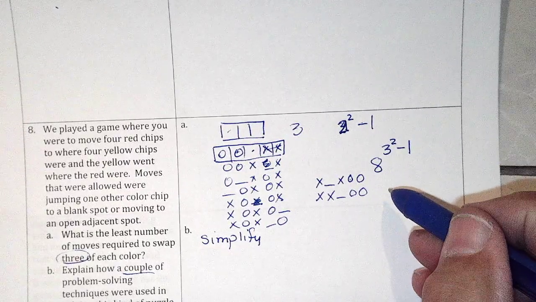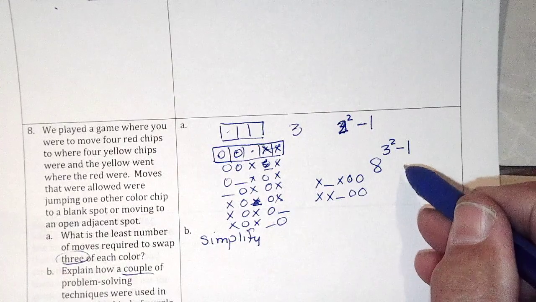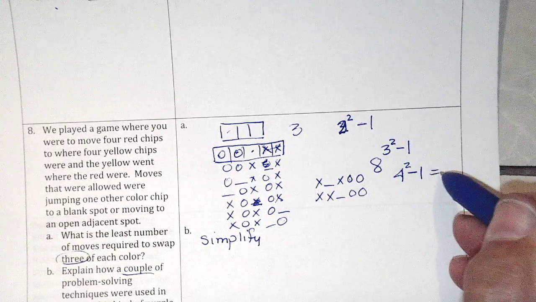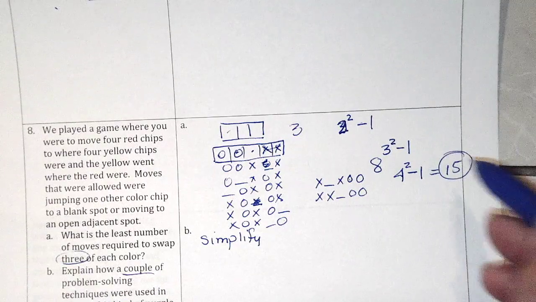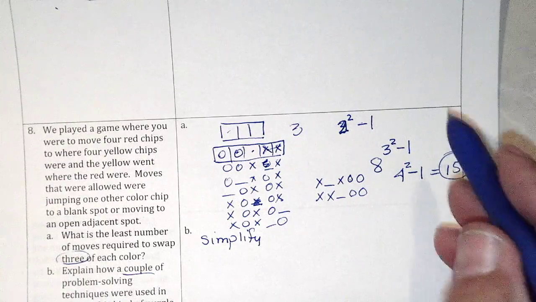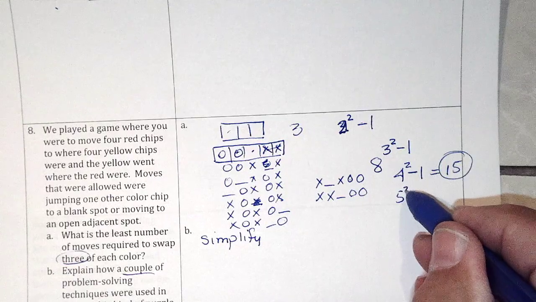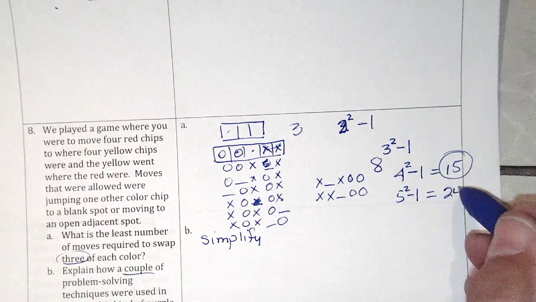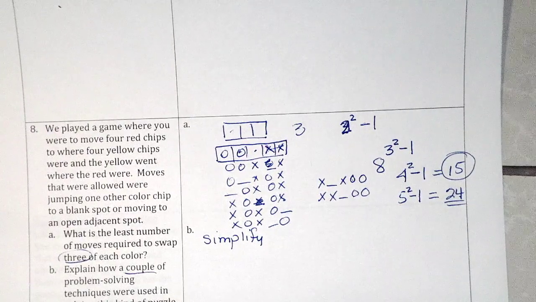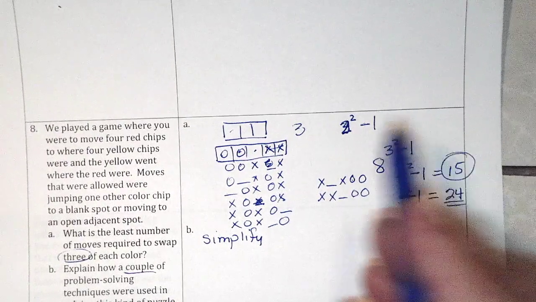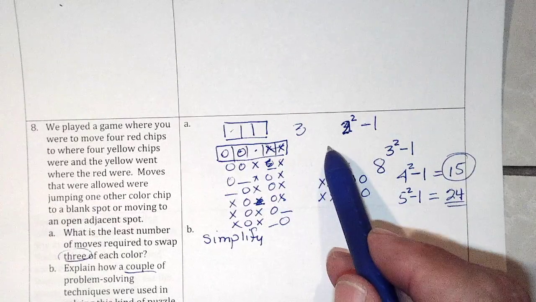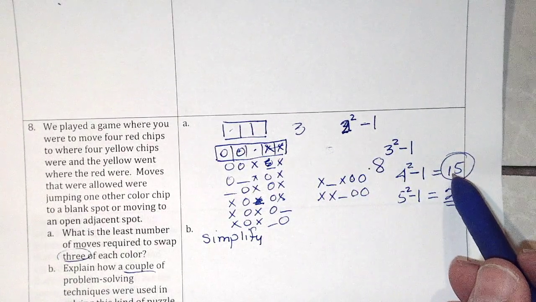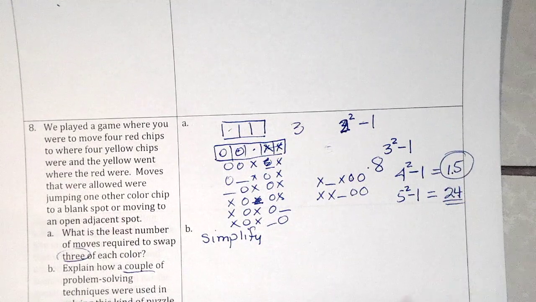And so for another couple, it's 4 squared minus 1, which was 15 moves. The one we did in class was 5 squared minus 1, which is 24 moves with 4. Or it was 3, went up by 5, it was 8, went up by 7, it was 15, went up by 9, 24.